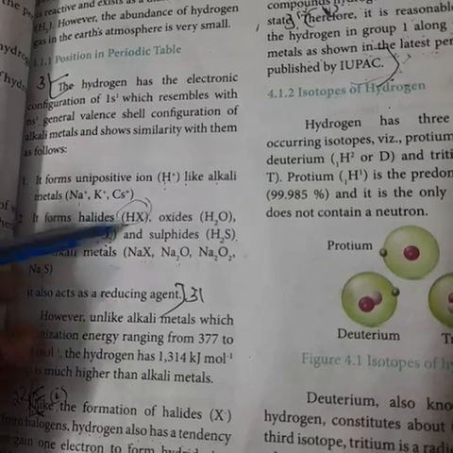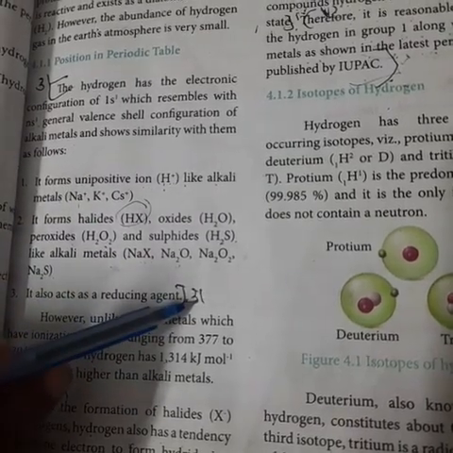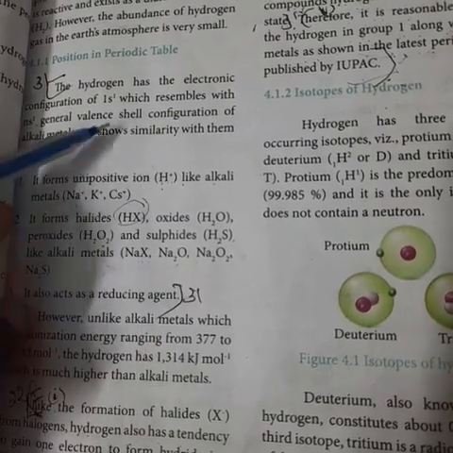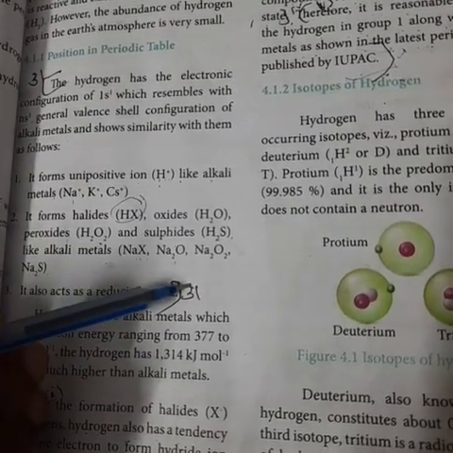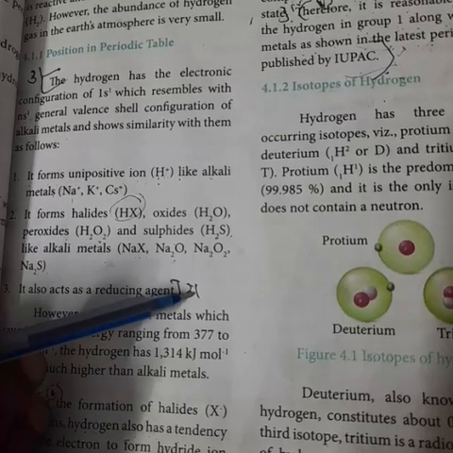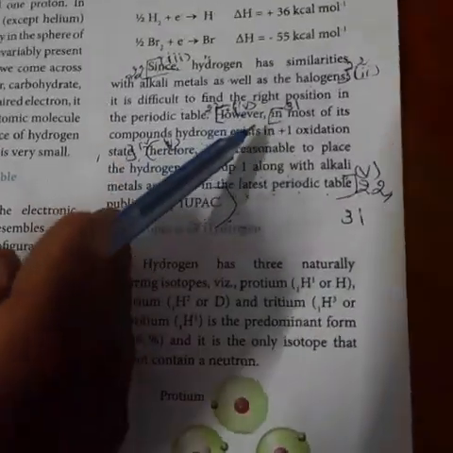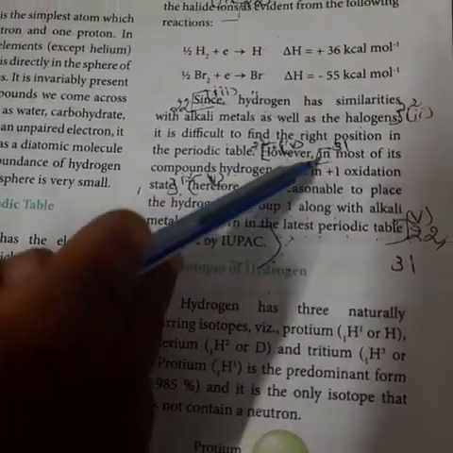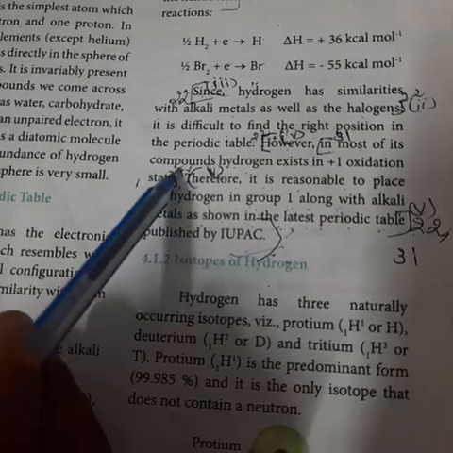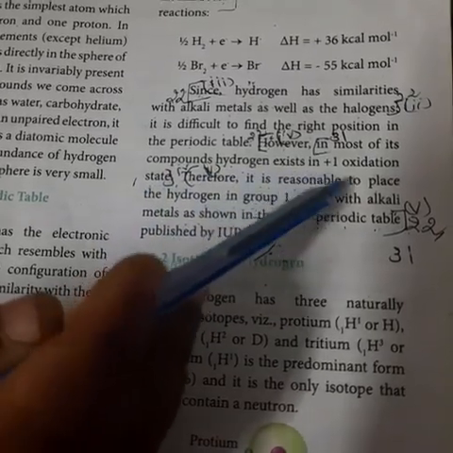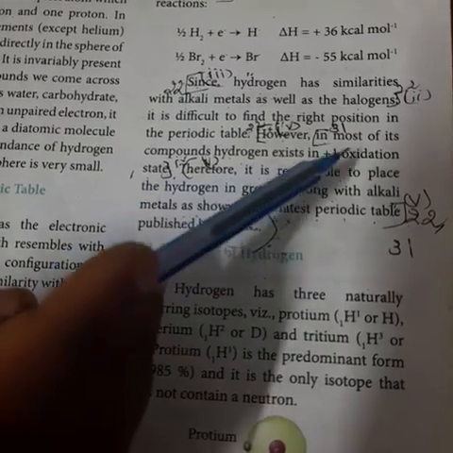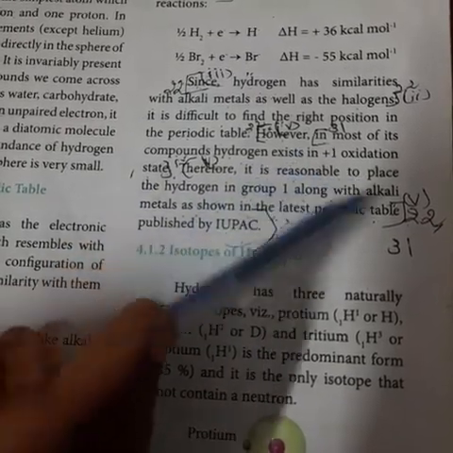This is question number 101: justify the position of hydrogen in the periodic table. This is the reason hydrogen occupies the first place in the periodic table. And one more point, on the right side of the page in this line: in most compounds hydrogen exists in the +1 oxidation state.